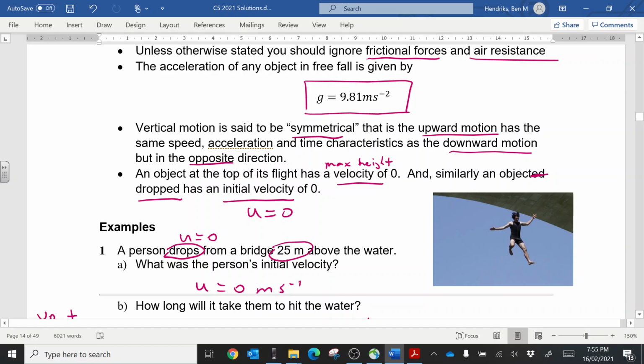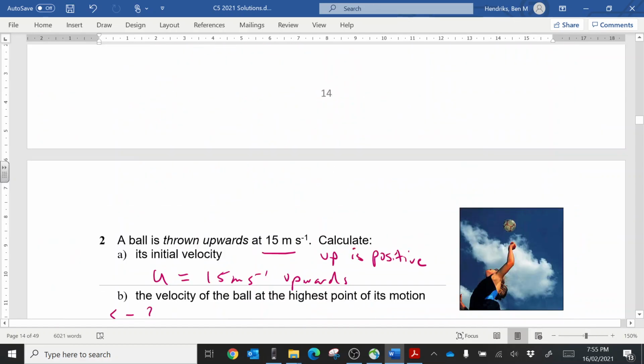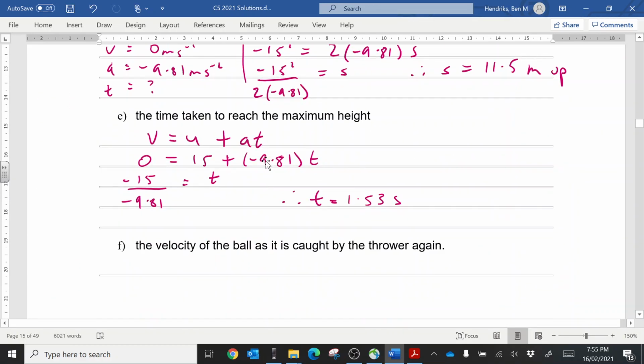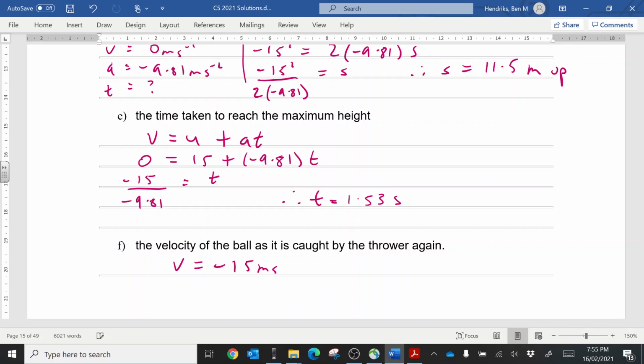That is, the upward motion has the same speed, acceleration, and time characteristics as the downward motion, but in the opposite direction. So if our initial velocity was 15 meters per second up, our v at the bottom, after it's gone through the whole thing, is going to be negative 15 meters per second, which is equal to 15 meters per second downwards.